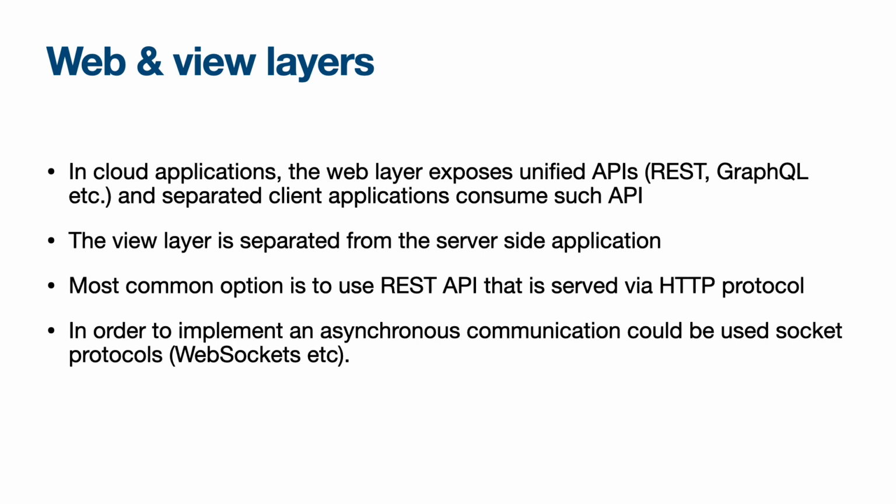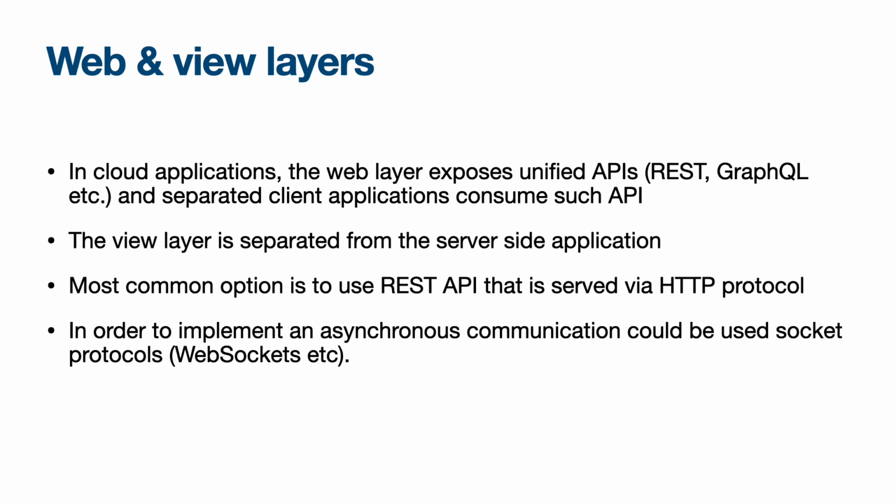The view layer is separated from the server-side application, and as I said, it usually lives inside mobile, desktop or web applications, etc. So it is usually encapsulated into different applications that are implemented with different types of architecture. Usually this architecture depends on the vendor, so there are different approaches to implementing applications on Android, a separate approach on iOS, and different SPA frameworks also have different ideas of how to implement web applications using them.